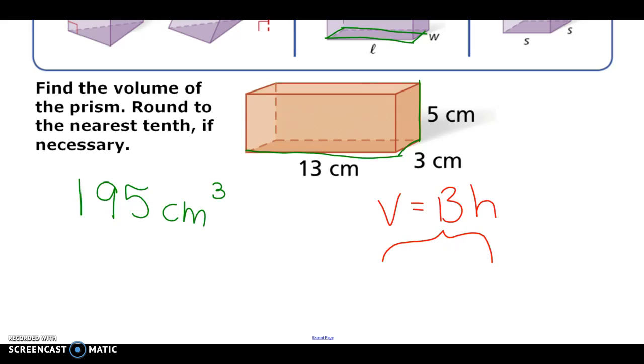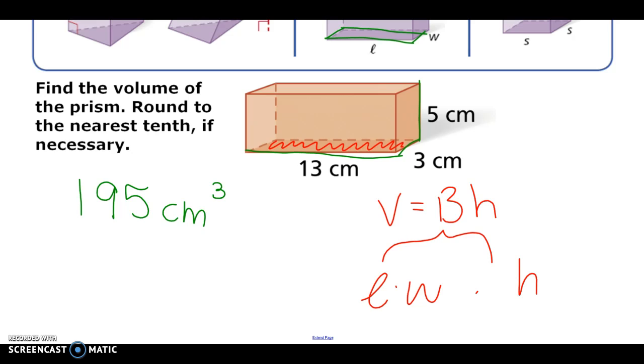It's the base area. And what shape is the base? A rectangle. And what's the area of a rectangle? Length times width, right? So it's length times width times height. Does that make sense? It's the same thing. They just say capital BH so it applies to all prisms.